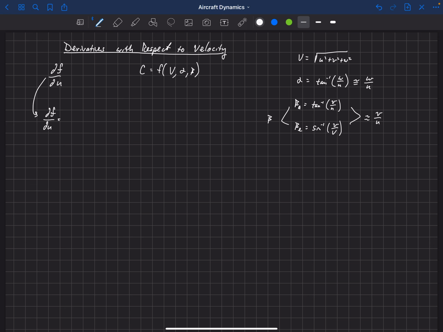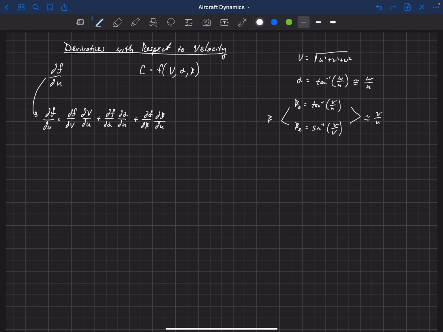I don't know what that is exactly yet, but I know that I can rewrite that as the partial with respect to capital V times the partial of capital V with respect to u, plus the partial of that function with respect to alpha times the partial of alpha with respect to u, plus the partial of that with respect to beta times the partial of beta with respect to u.